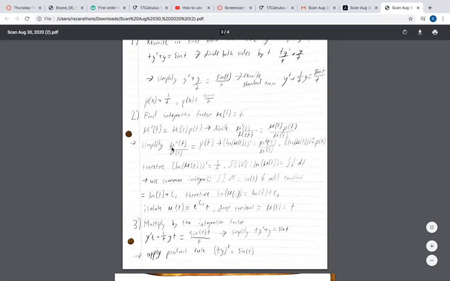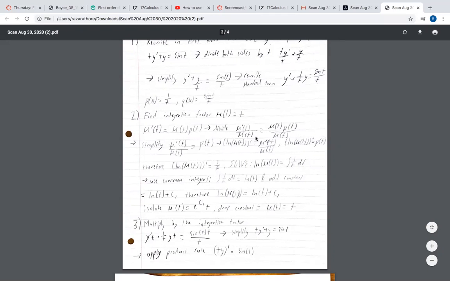The way I did it was I used just natural log, where the derivative of natural log u(t) equals u'(t) over u(t). And since that equals p(t), I just made it equal to 1 over t, and then natural log u(t) is equal to the integral of 1 over t dt.